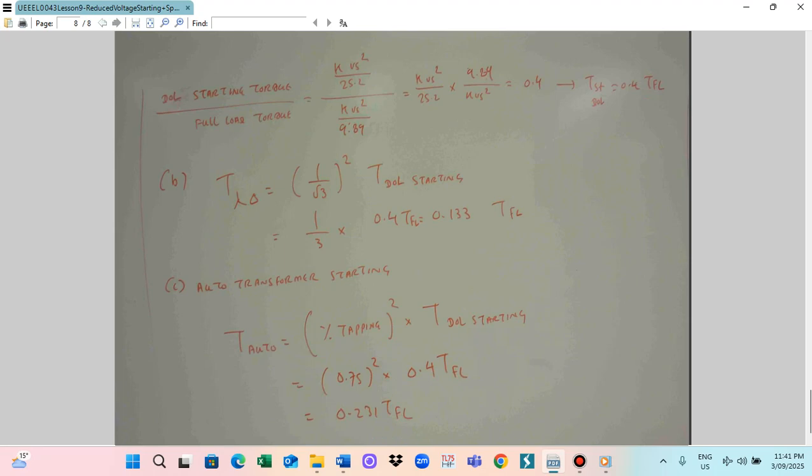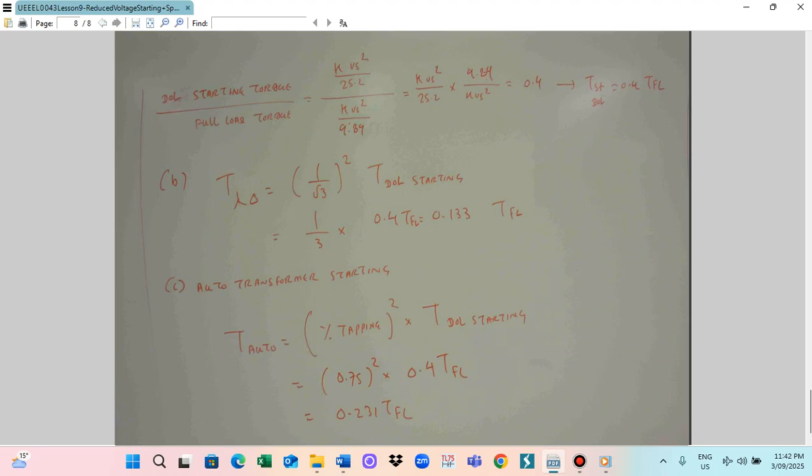So the direct online starting dot is KVS squared divided by 25.2. And the full load starting dot we already calculated: KVS squared divided by 4.94. So this one is calculated: KVS squared divided by 25.2 multiplied by 4.94 divided by KVS squared. That gives me the ratio, which will be 0.4.